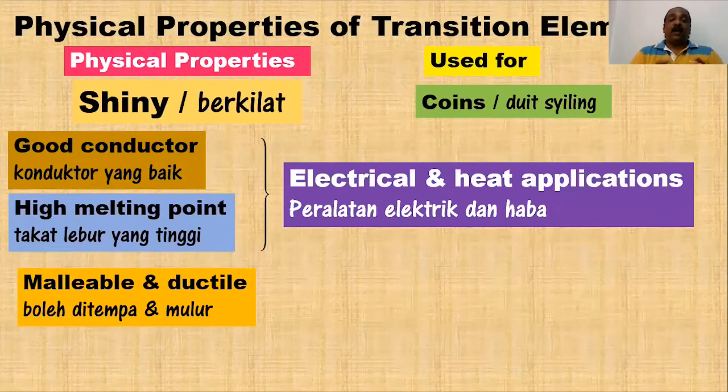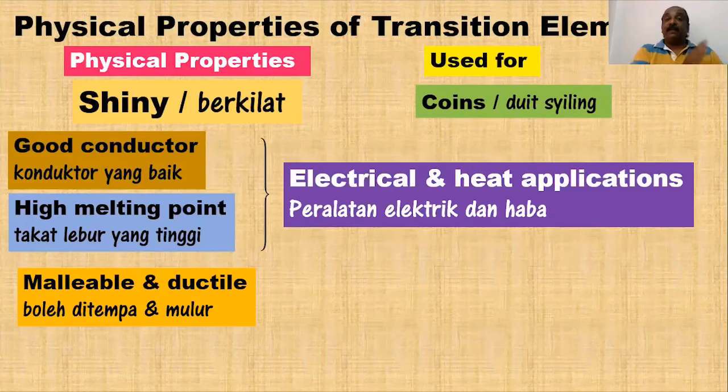Okay, what is malleable? Malleable means you can knock them into a particular shape. Whatever shape that you want. Let's say you want to make a statue, you can knock into a particular design or particular shape. Ductile means you can pull the metal into a long string. That is ductile.